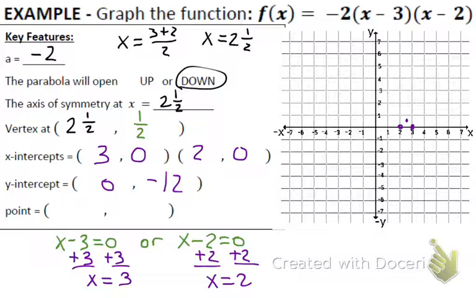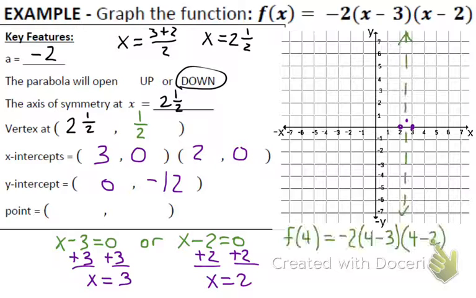So let's put in, let's say 4 and see what happens for our additional point. 4 minus 3 gives us 1. 4 minus 2 gives us 2. Multiply those 3 together. And so f of 4 equals negative 2 times 1 is negative 2, times 2, negative 4. So 4, negative 4.